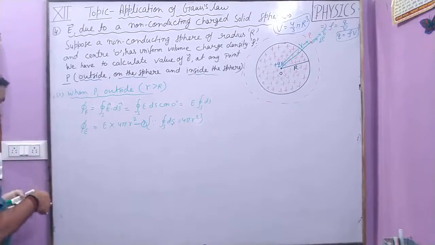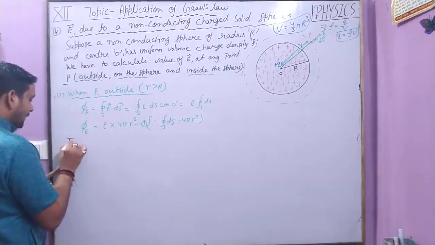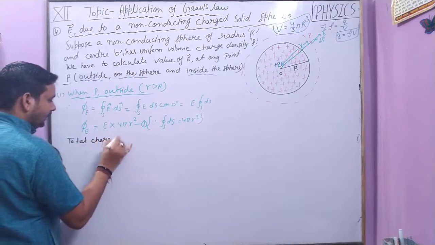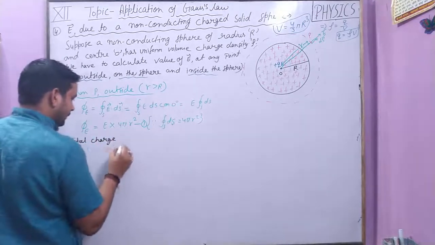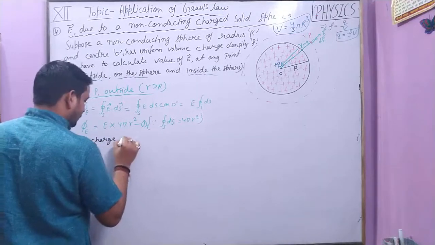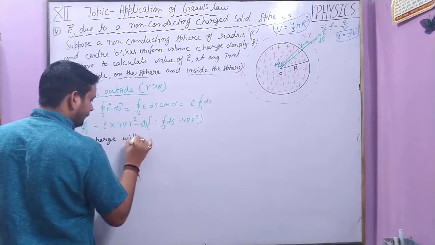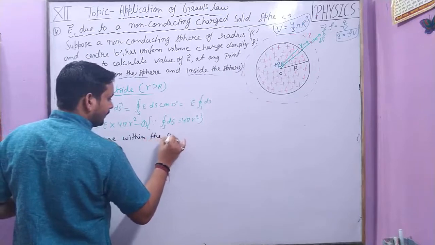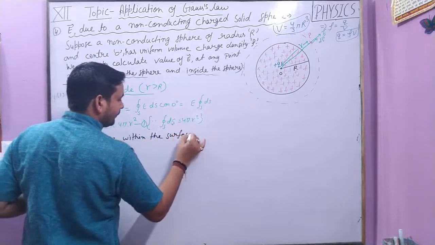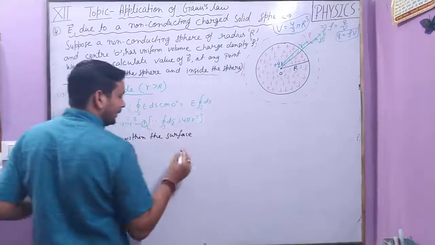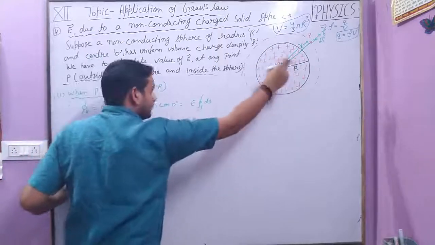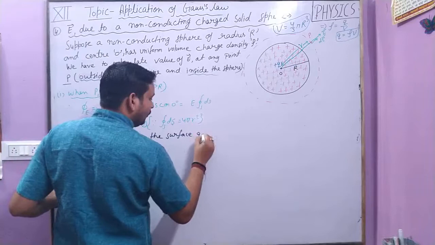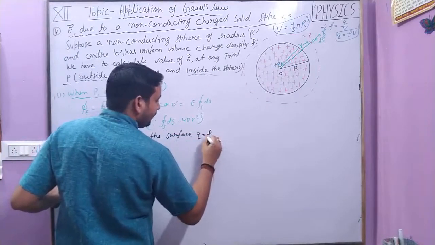Now the total charge within the surface which we considered, the charge over the solid sphere, that is Q, is given by rho v.